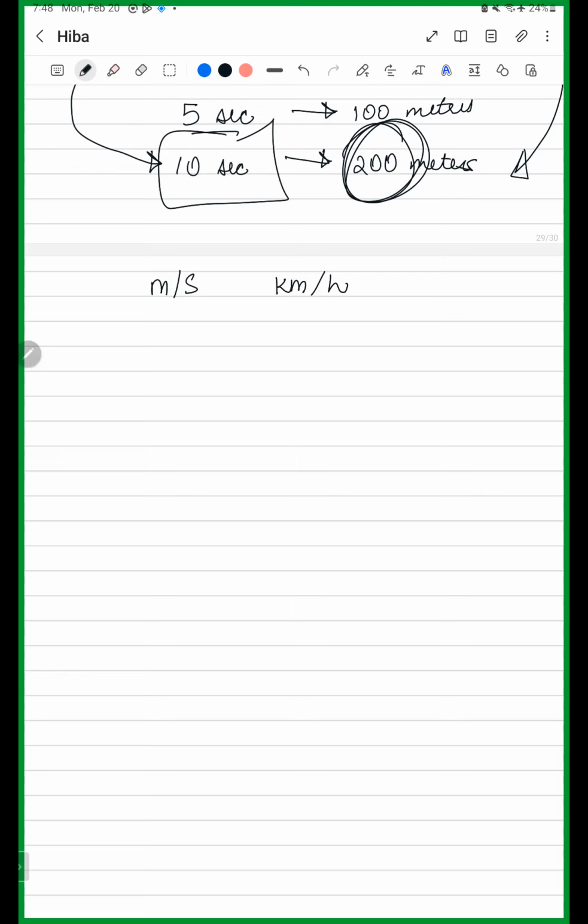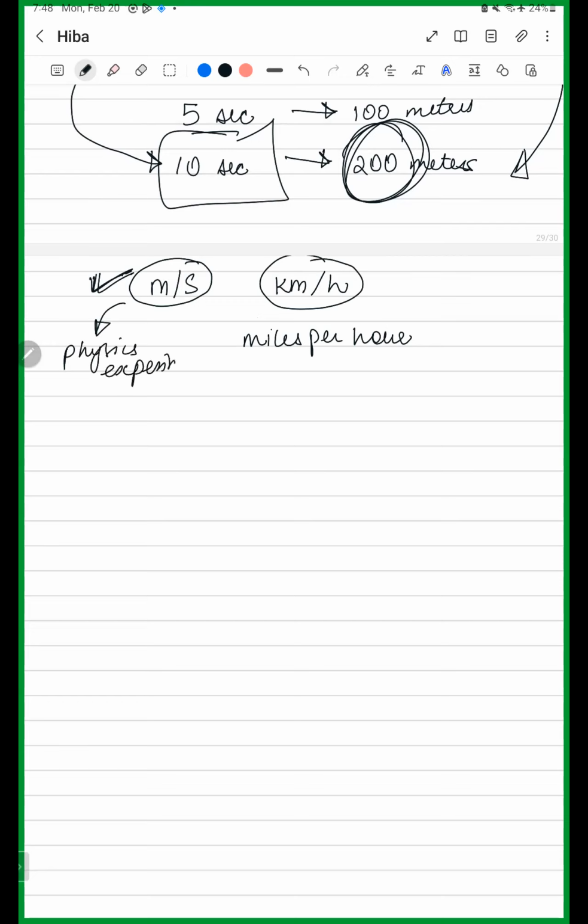There are some people in certain countries who also measure it in miles per hour. But what we usually use is meters per second or kilometers per hour. Meters per second is more used when it comes to physics experiments, engineering experiments. Scientists and engineers talk in these terms, in the unit of meters per second.